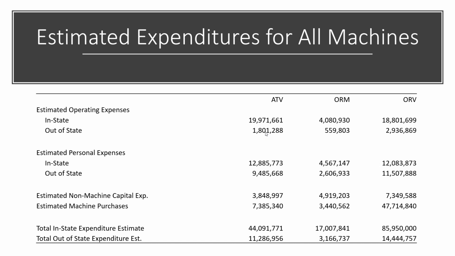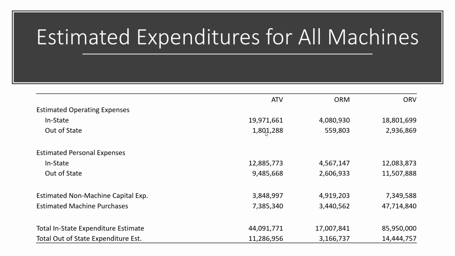These are the estimated total expenditures. The last slide was expenditures per machine. This includes the operating and the personal expenses that we had on the last slide. It includes the non-machine capital expenses from the last slide. And close to the bottom there, it includes the vehicle purchases from 2 slides ago.